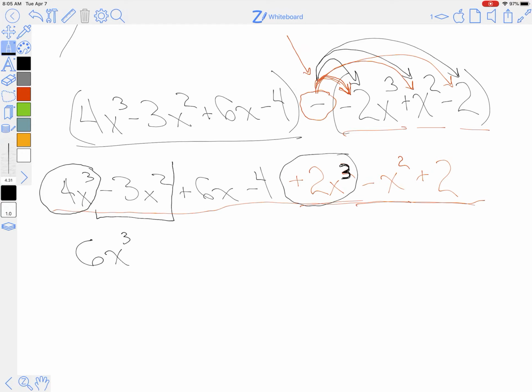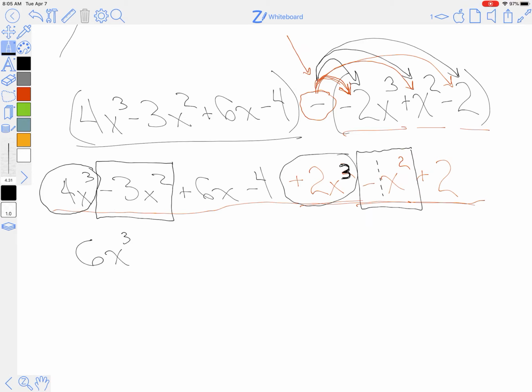Next, make sure you use the sign that's in front of the number. Negative 3x squared and negative x squared. Remember, if there's no number in front of it, it's like there's an imaginary 1 there.